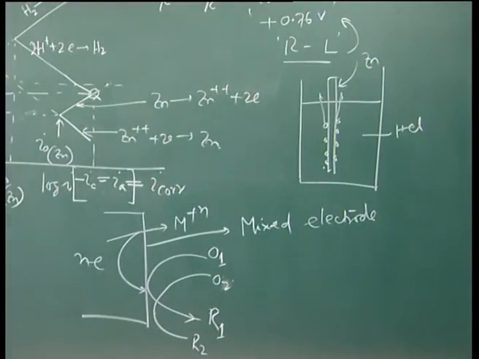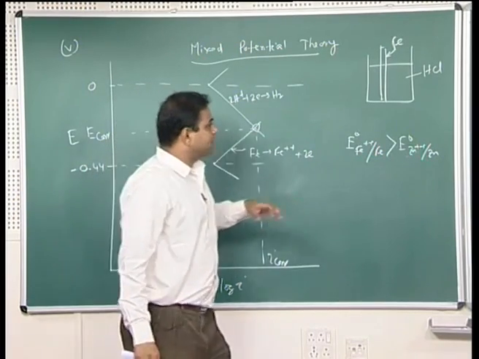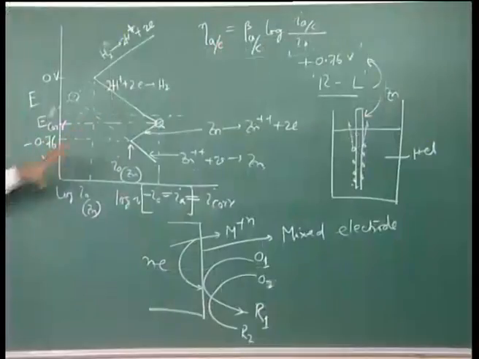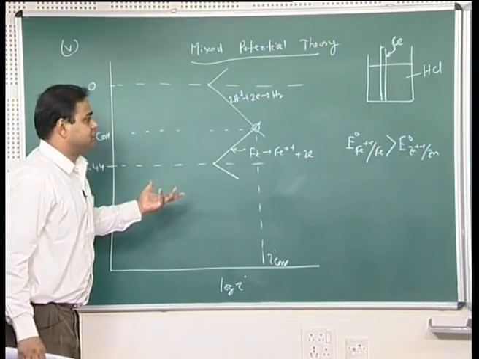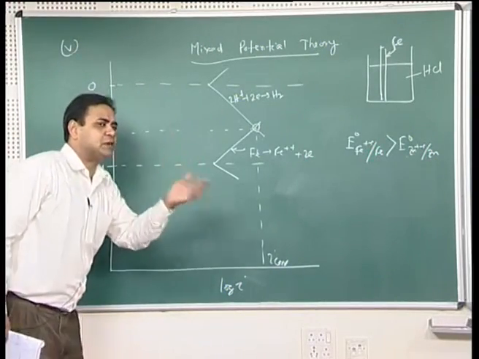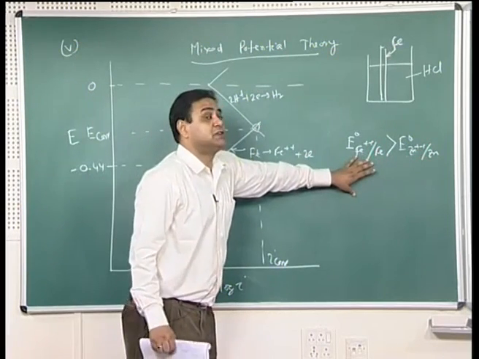Fine. So, for that let me also superimpose the same curve onto this, then I would be able to answer this question. But the point is, if you go by the thermodynamics, what is thermodynamics? Thermodynamics is nothing but E0.